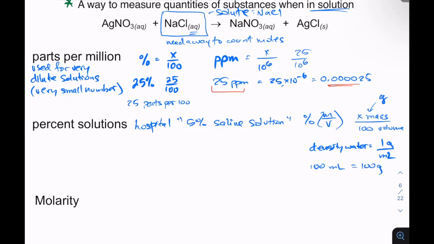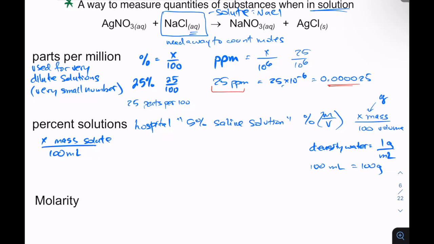So in this case, the percent solution is going to be X mass of your solute per 100 milliliters of water. Because these are all aqueous solutions. That's the whole subject of this chapter.